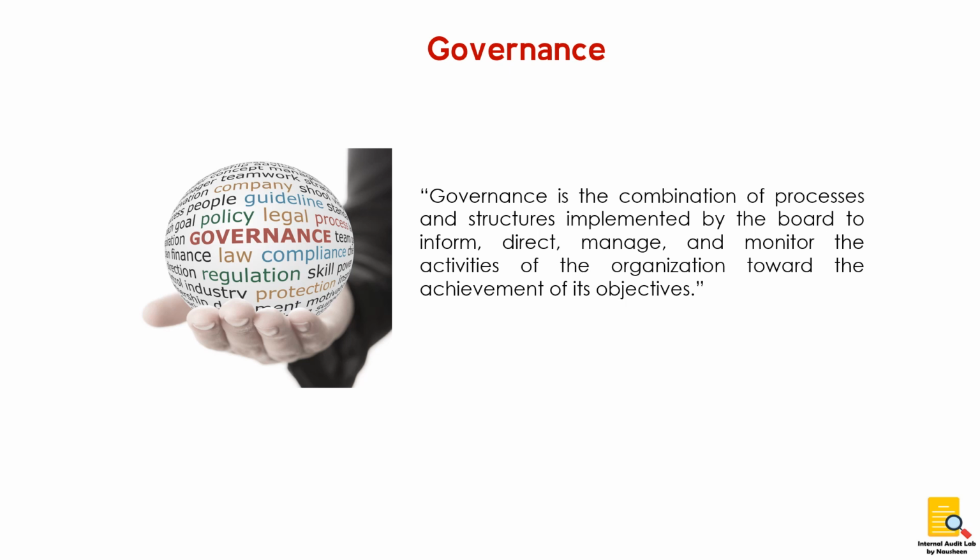Governance is the combination of processes and structures implemented by the board to inform, direct, manage, and monitor the activities of the organization toward the achievement of its objectives. Many governance issues arise because of the separation of ownership and management in business corporations, which is called the agency problem or the principal-agent conflict.